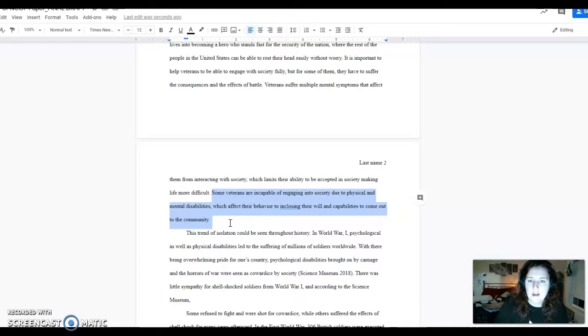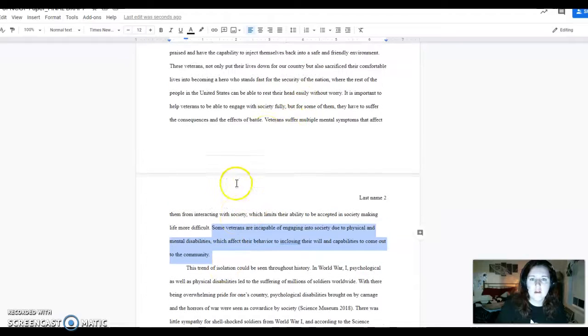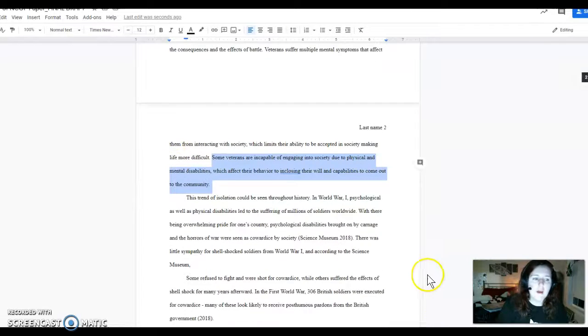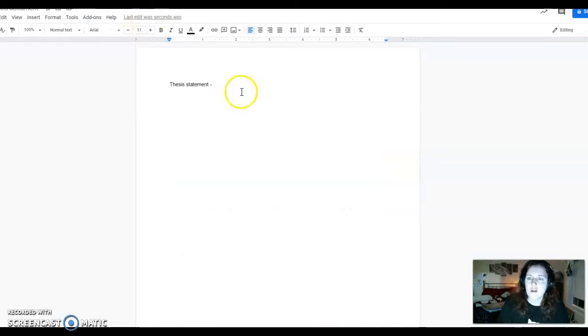This thesis statement does set us up with the problem, but doesn't really talk about the solution at all. I'm trying to look through to see if there's any sentence that does include that problem and solution. You may encounter this when you're looking through your papers, that your thesis statement isn't sufficient.